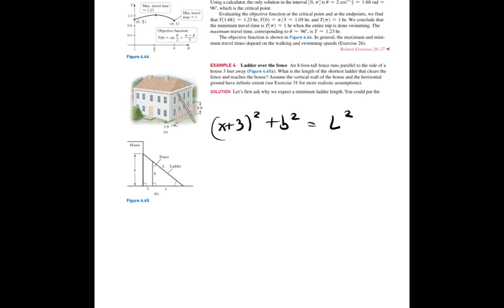We want to minimize that length. Maybe we can use a second triangle, the x to 8.